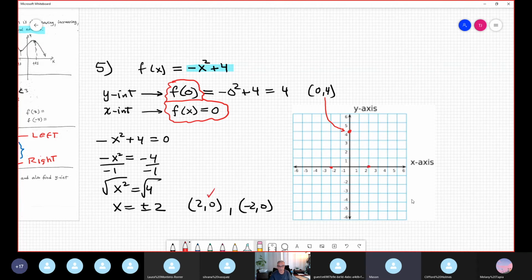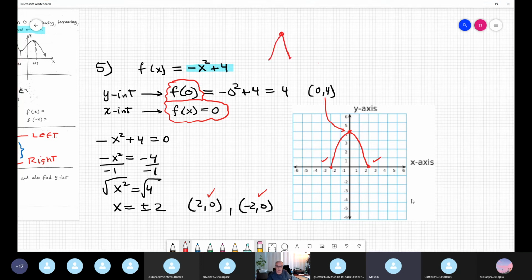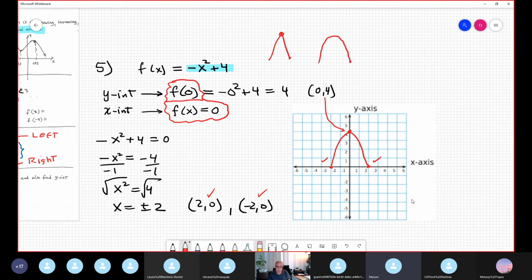So now approximately my parabola looks like that. Remember the parabola: don't draw it like that, guys, because the parabola does not have that corner. The parabola is a smooth curve like that, and this continues forever in that direction and in that direction. And this is the graph they want.